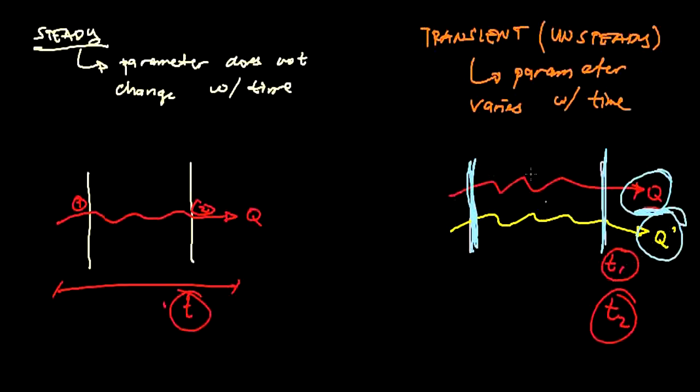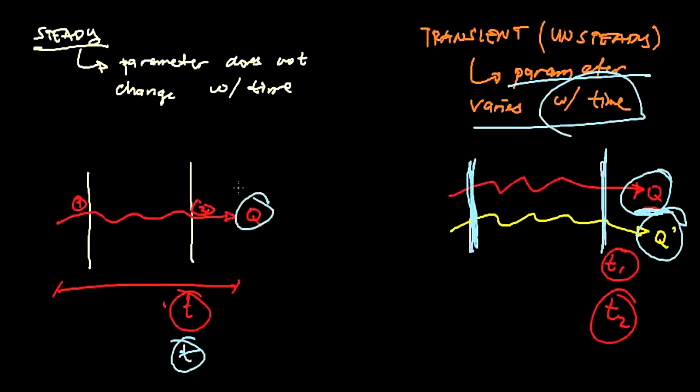So it means that we have a transient condition wherein this parameter varies with time. Unlike this one, that at any time frame or within a certain period of time, our parameter does not change. So we only have one value of Q. That is steady, and this part here is what we call unsteady or transient.